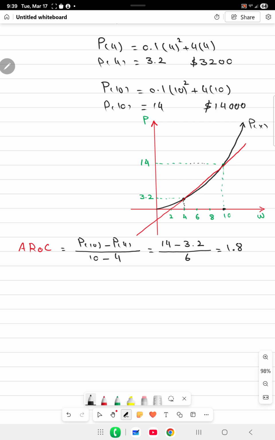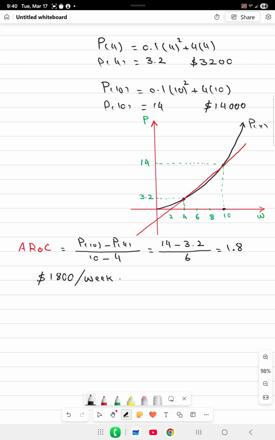1.8, because again, we are calculating in thousands, means $1,800. You see the top of the fraction is money in dollars, and your x-axis represents weeks, right? Then $1,800 per week will be the average rate of change of the profit, correct?